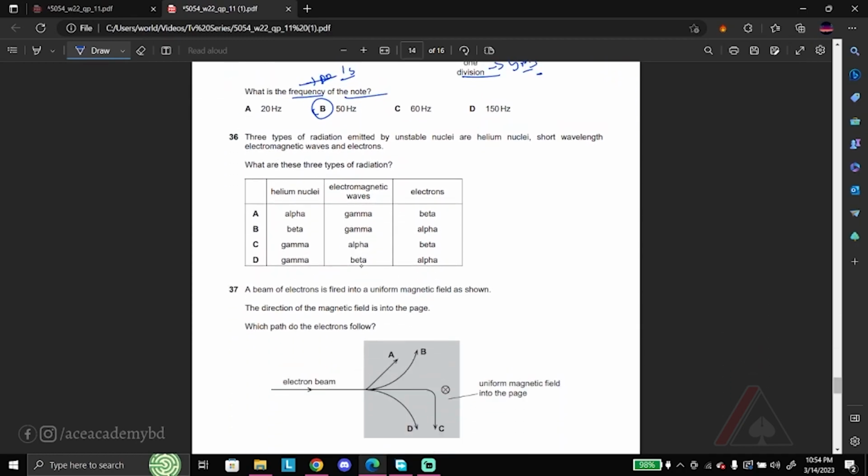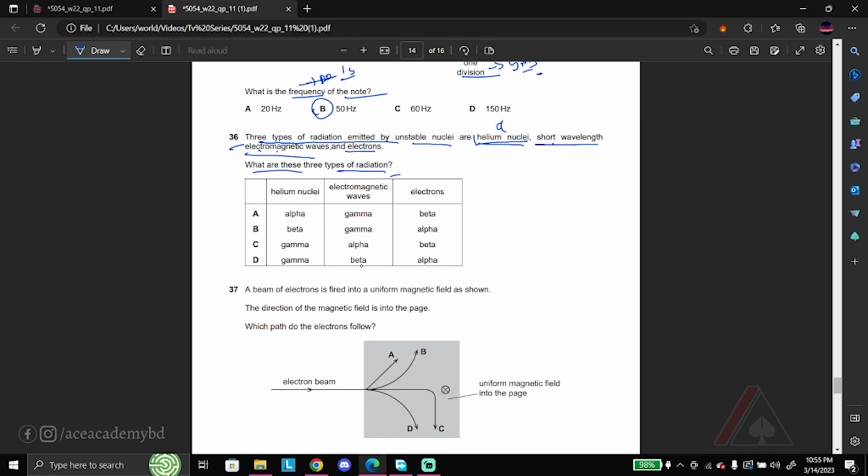Three types of radiation emitted by unstable nuclei are helium nuclei, short wavelength electromagnetic waves, and electrons. What are these types of radiation? Right off the bat, we can say that helium nuclei is alpha radiation. We have three types of radiation: alpha, beta, and gamma.